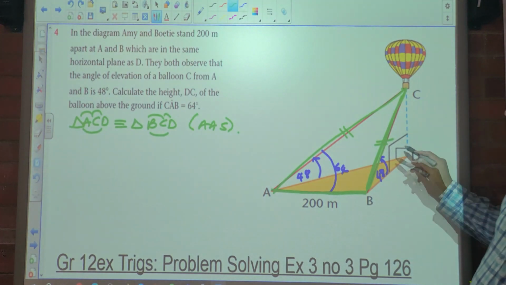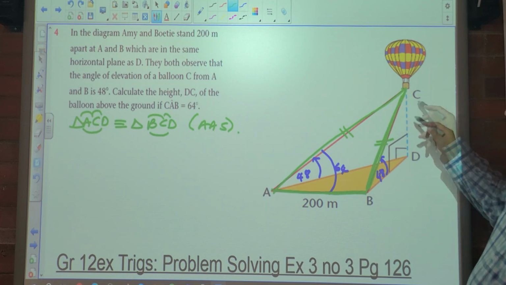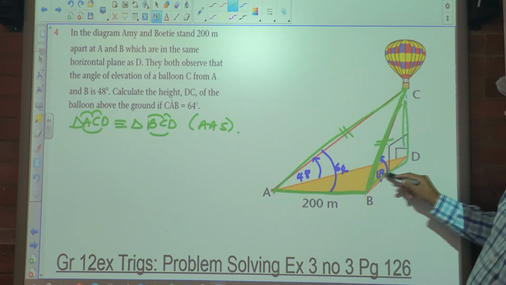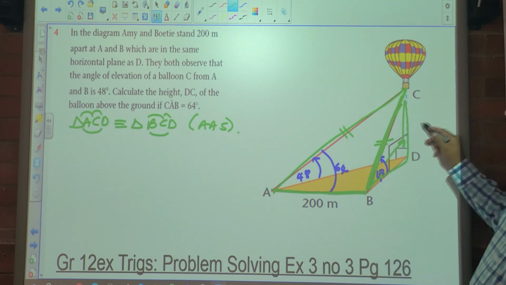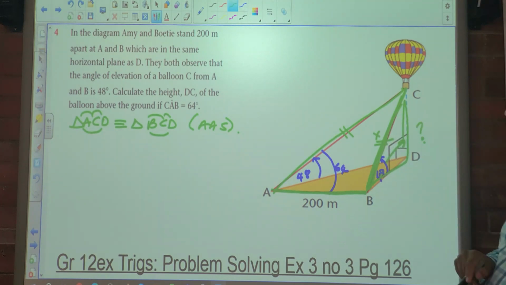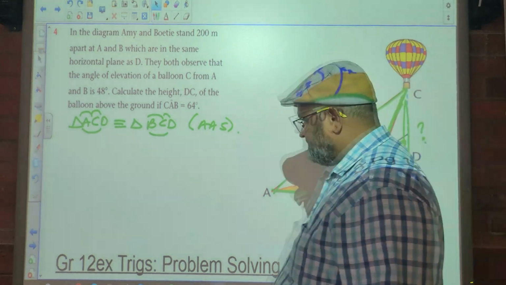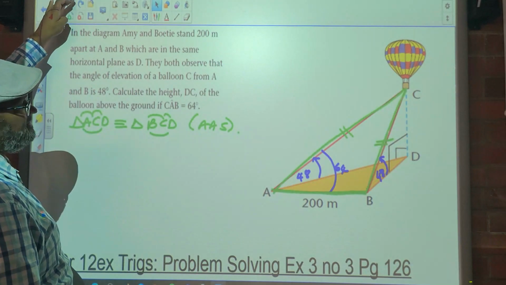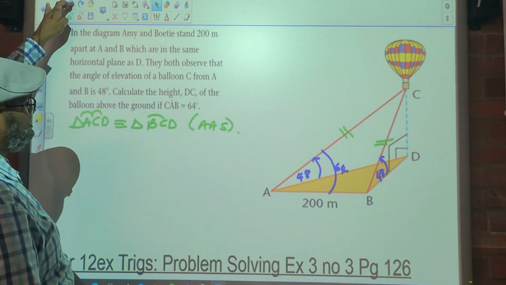If you look at triangle CBD, there's nothing you can do here because we only have an angle. We don't have that side, that's what you want to calculate, and we don't have that side. You guys understand why I'm going that route? I've got to qualify it, why am I going there first?